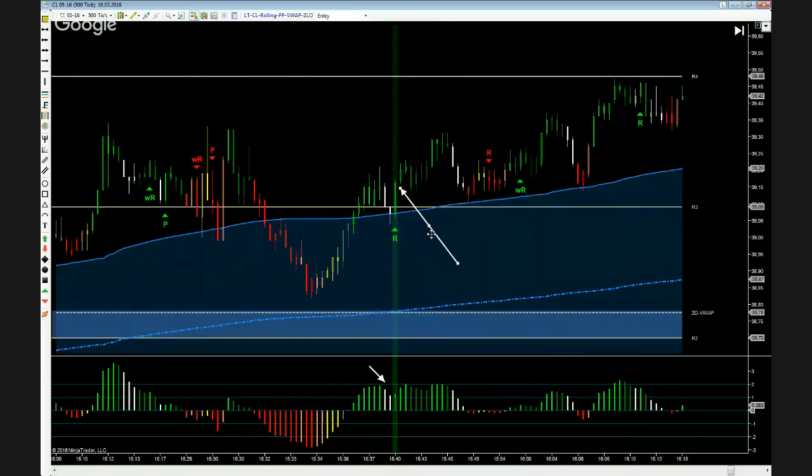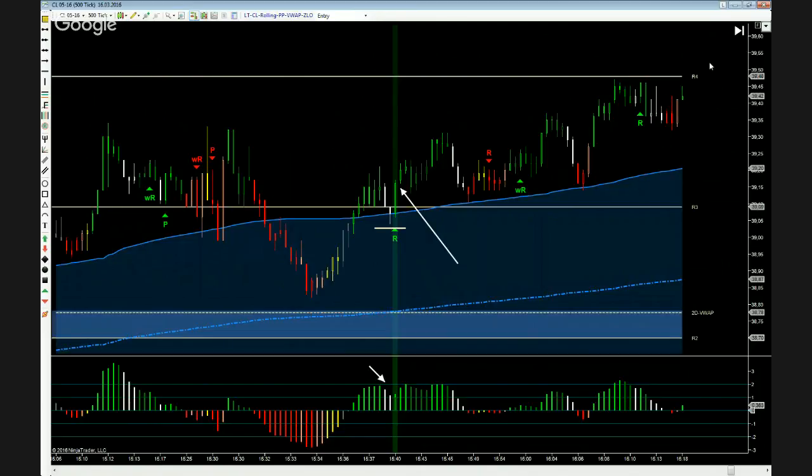So if that's the case, then we want to define our risk first, of course, and the stop for these signals is set below the low of the signal bar or the setup bar, whichever is lowest. So here we have the stop. And then we want to look at what's the next logical level of resistance here.